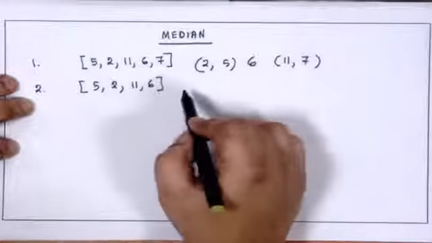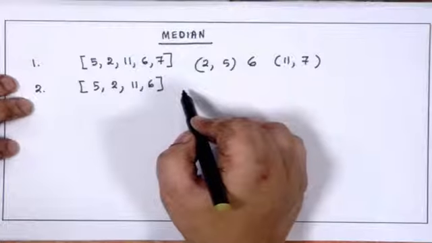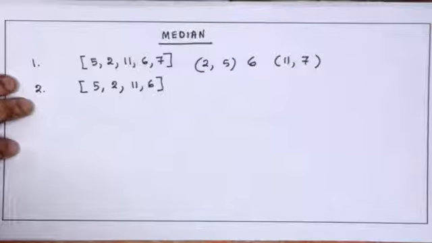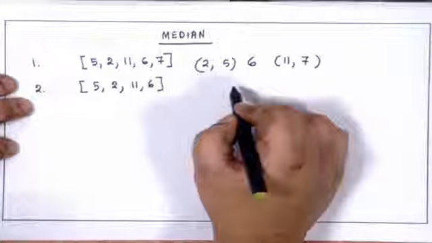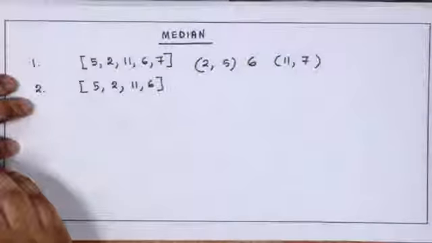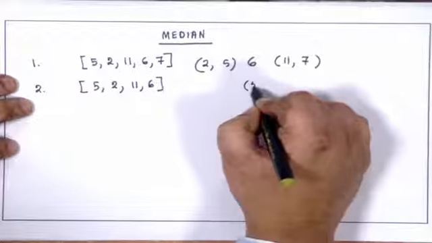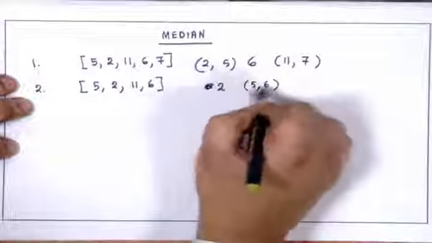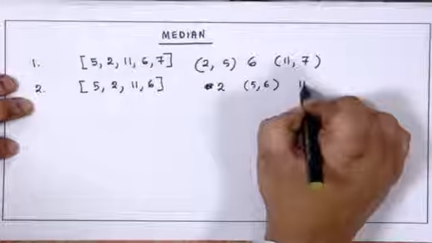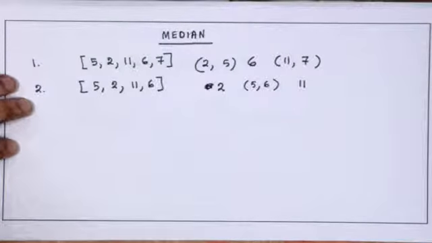So, here we have to clearly define what is median. One option that we could take is to define a pair of elements as median. For example, we could say the median is 5 and 6 such that 2 is less than both of them and 11 is greater than both of them.